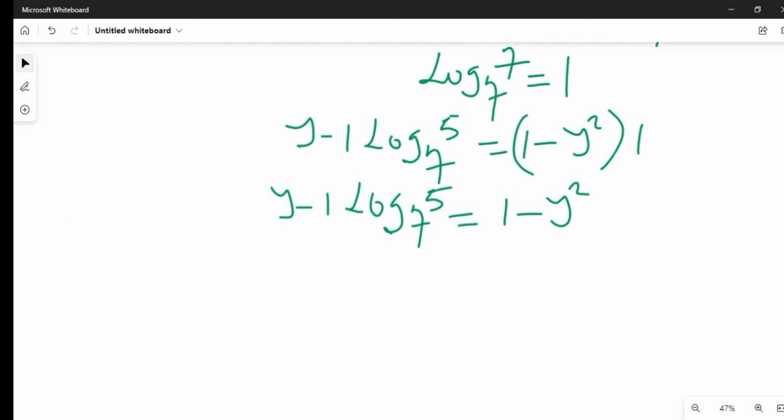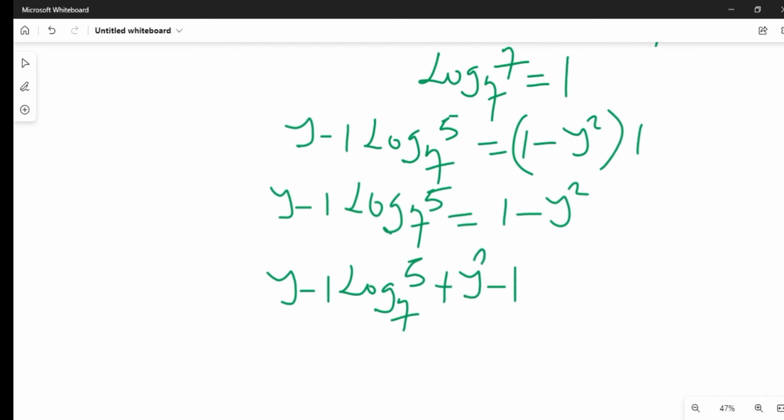So we're going to bring together like terms. We'll have y minus 1 times log of 5 base 7 plus y squared minus 1 equal to 0.